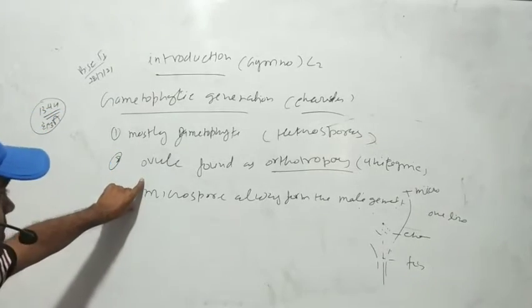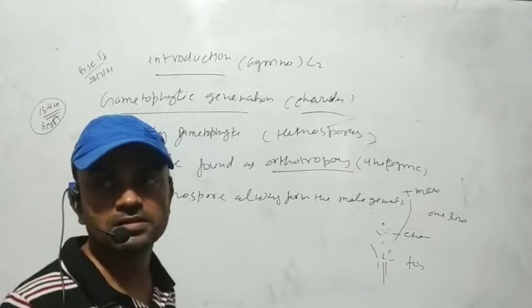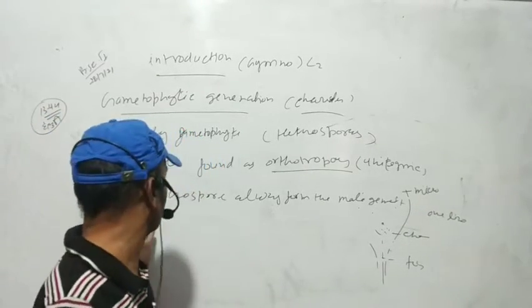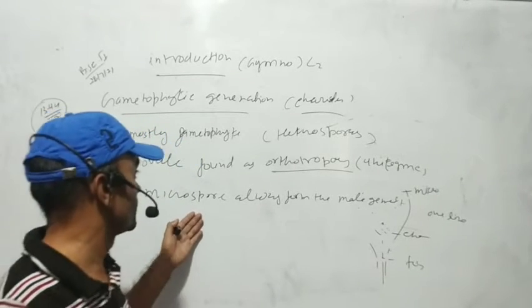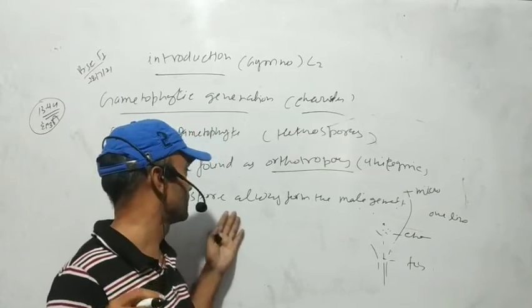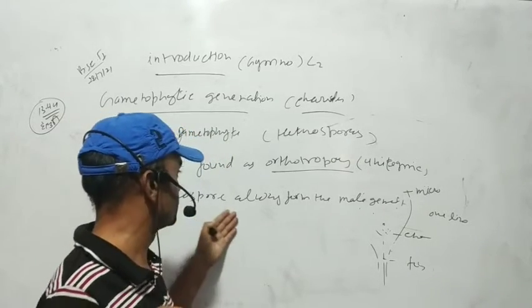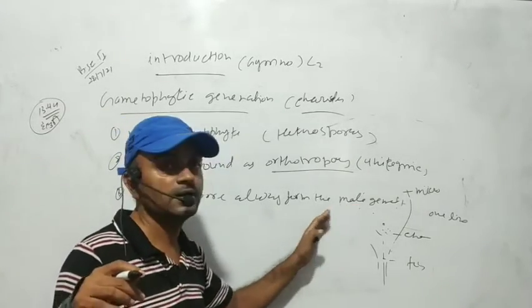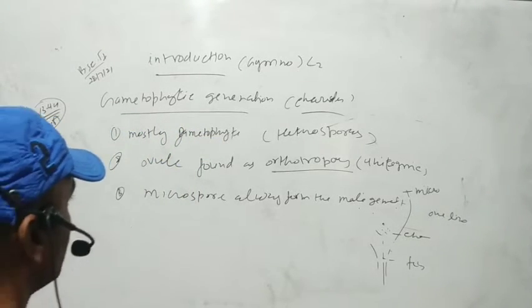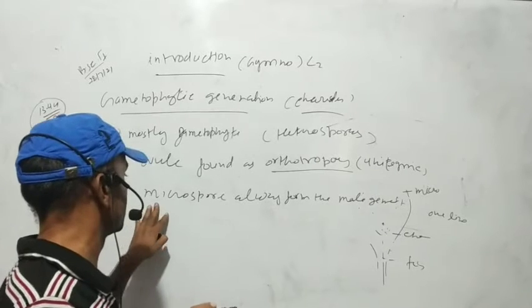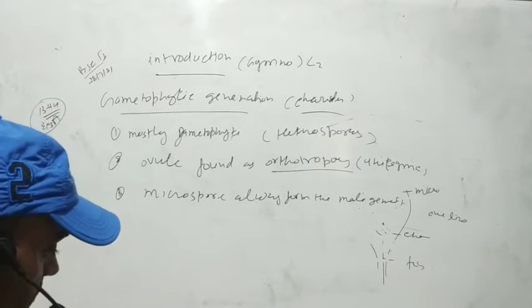Always remember, the examiner asks whether microspore forms male or female. So you know, microspore always forms the male gametophyte. Remember always in your mind that microspores give rise to the male gametophyte.